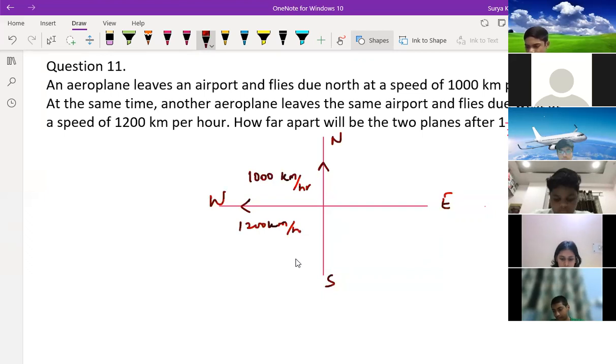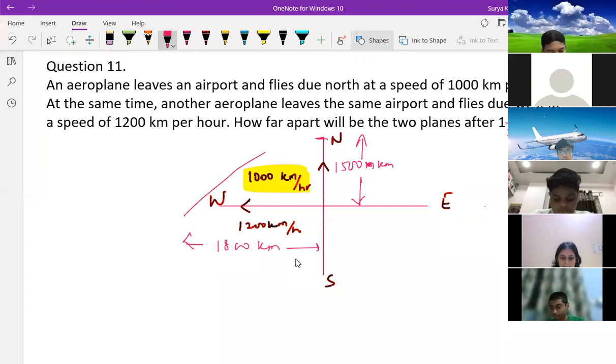How far will the two planes be after 1.5 hours? See, this will be the first plane. In 1 hour it goes 1000 kilometers, so in 1.5 hours how far will it go? 1500 kilometers, right? This whole height is 1500 kilometers. Similarly, this will go 1800 kilometers, understood?